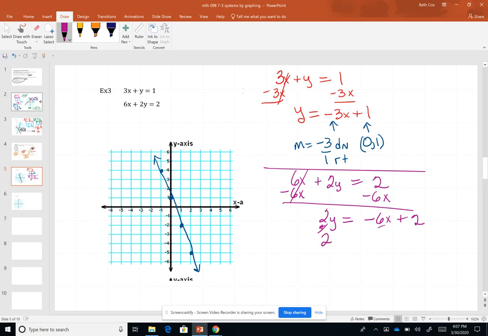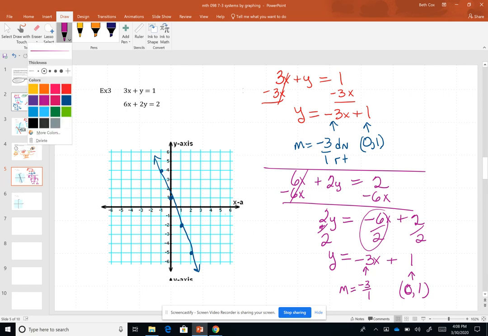So I'm going to divide everything by 2. And that's going to be negative 3x plus 1. Alright, so now I'm on autopilot. 0, 1, and then my slope is negative 3 over 1. So I'm going to get ready to graph this one.